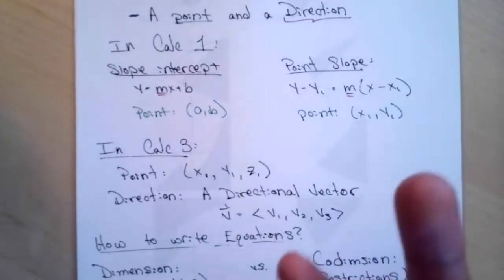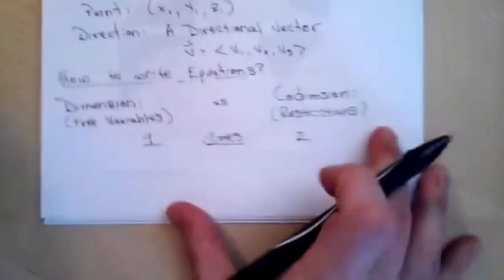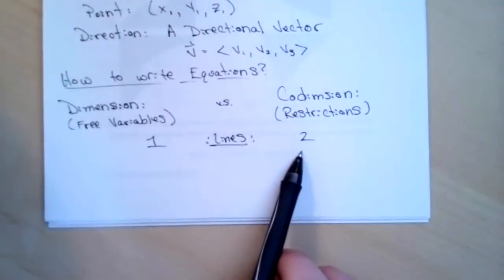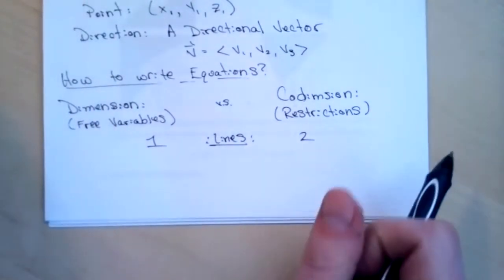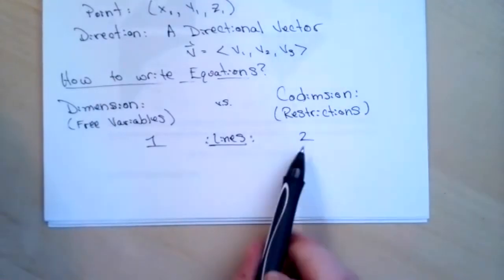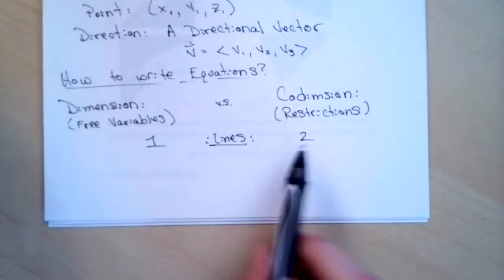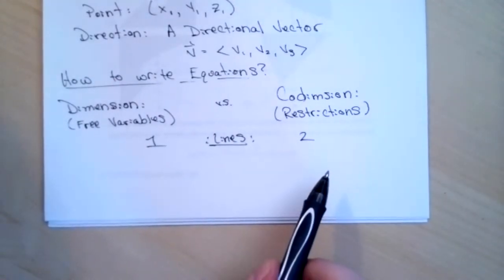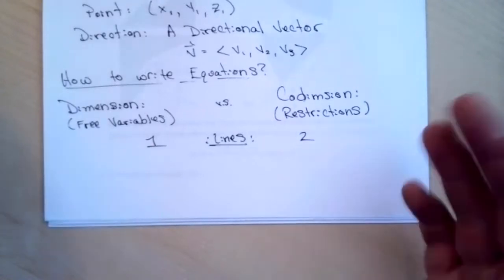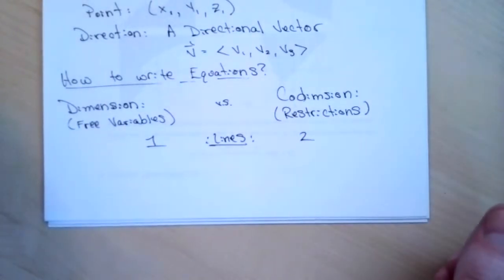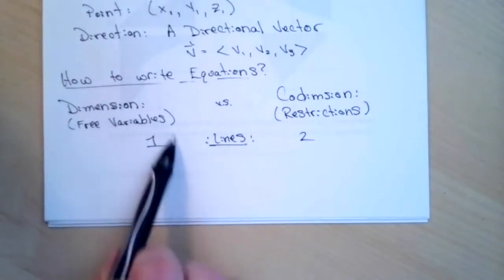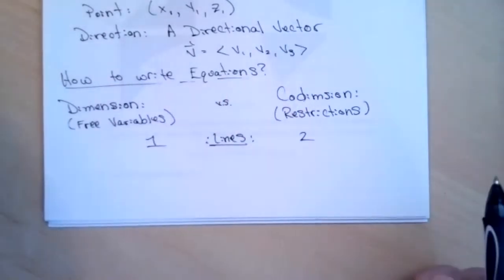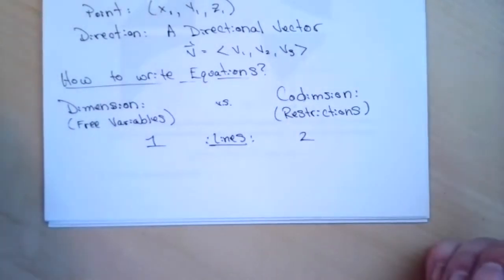If we want to write a set of equations, we're going to need 2 equations to restrict down our dimensions from 3 down to a 1-dimensional object. So we actually need 2 sets of equations to write down the equation of a line. Or if we want to write it as a free variable type equation, we can write it as one equation, but we're going to have to parameterize it.